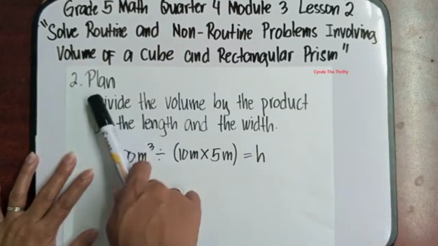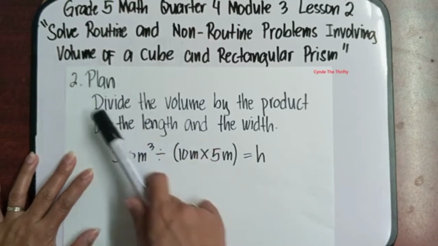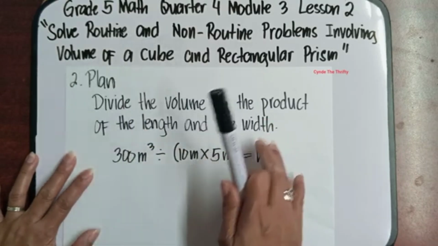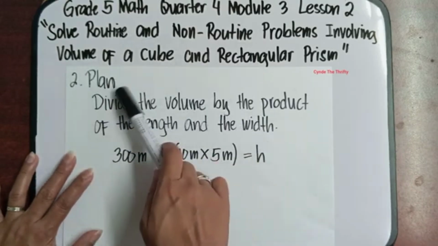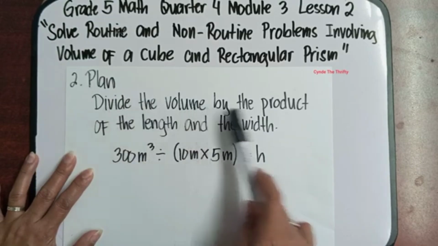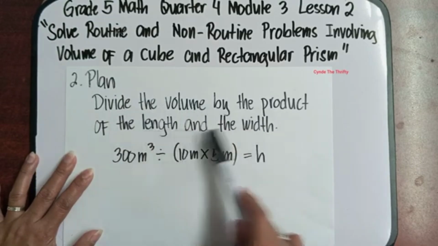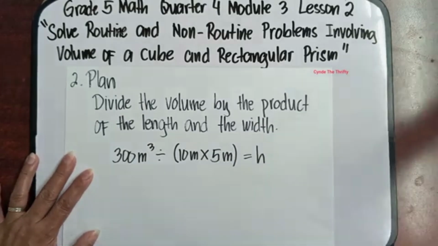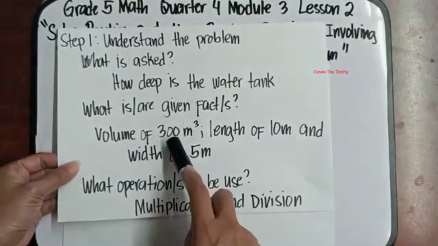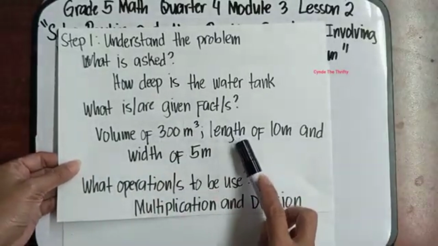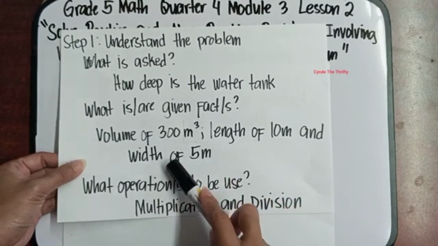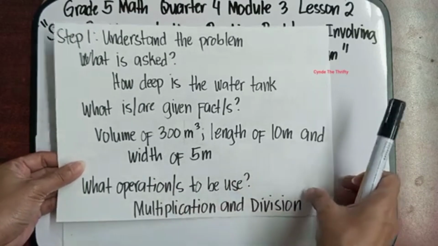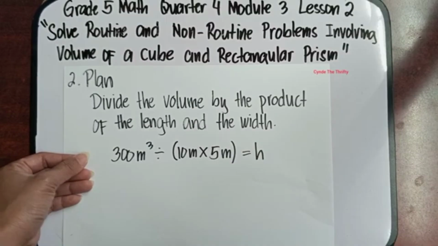Step 2 naman tayo. Ang step 2 is plan. So, paplanuhin natin kung paano natin isolve. Ang plano natin is divide the volume by the product of the length and the width. Kasi meron na tayong given na volume, di ba? Meron din siyang length, meron din siyang width. So, ano ang wala sa kanya? Yun ang hahanapin natin.